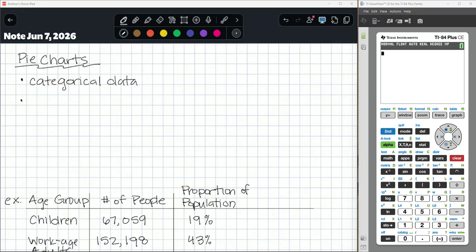The other thing that you should know about pie charts is, unlike bar graphs where I can use the frequency or the relative frequency, pie charts always use relative frequency or percentage. And then each category is represented as a wedge of that pie.